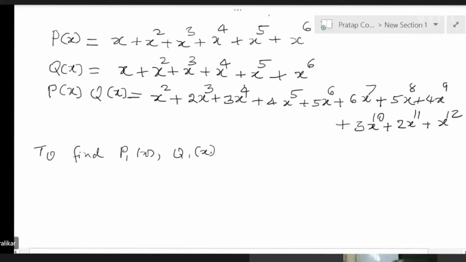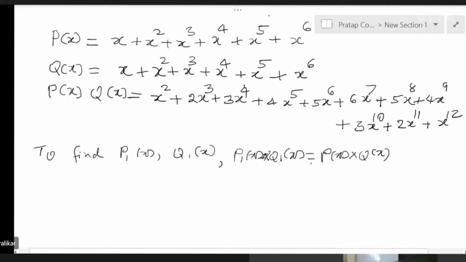Do pardon my horrible handwriting, but this is P1x into Q1x, and this is equal to Px into Qx. So, is there a possibility of getting to other polynomials with integer indices? Because those indices are giving me the numbers on the faces, such that their product is precisely this.